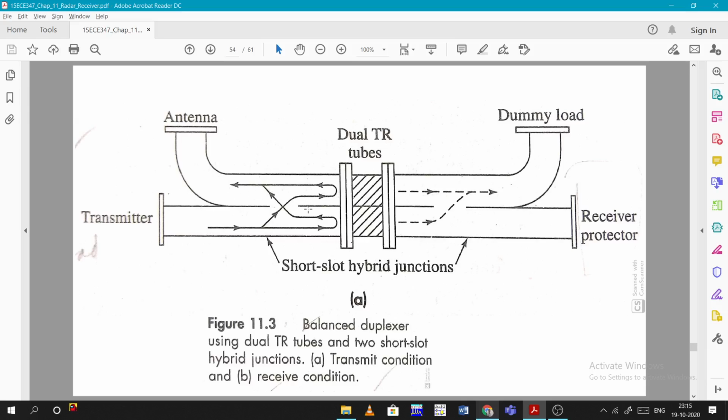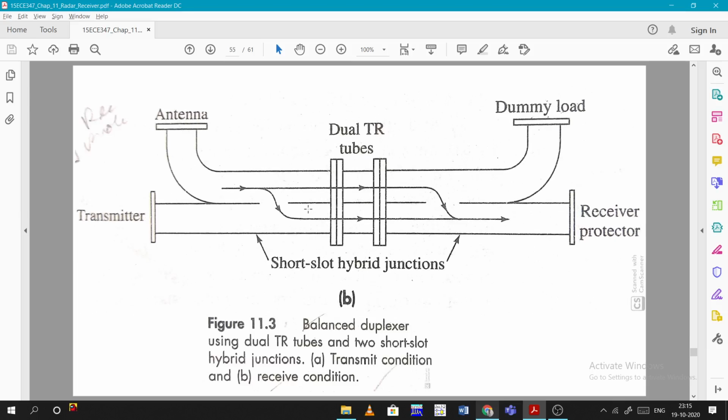Now coming to the second one, the receiving part. What happens in the receiver? The signal received from the antenna enters this device and is split into two signals. One passes over here and the other goes through here.